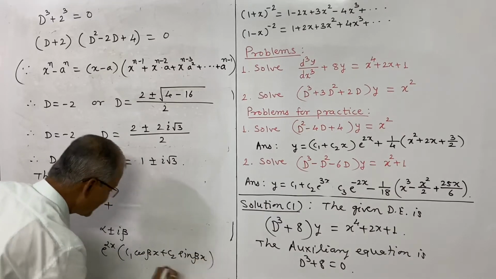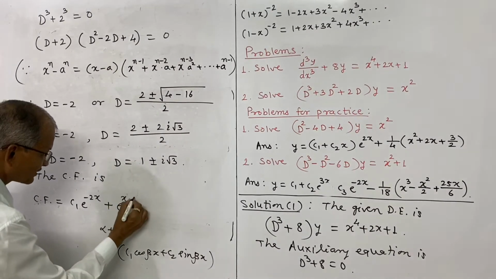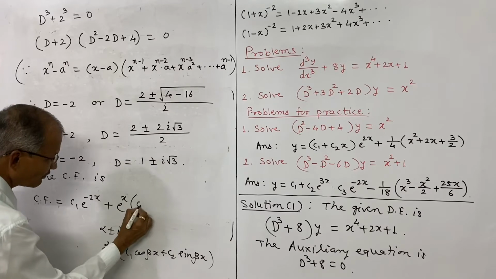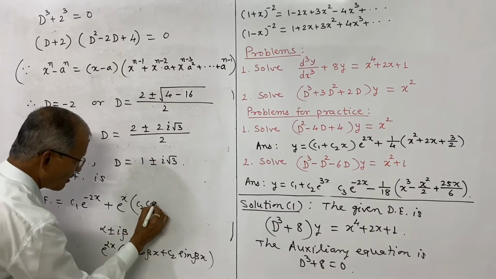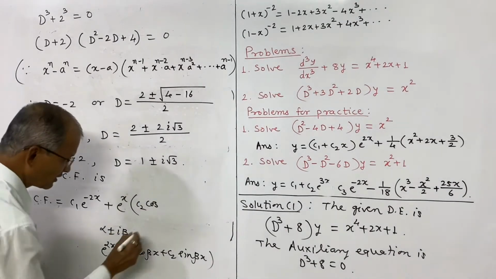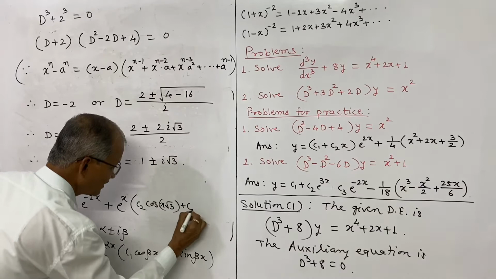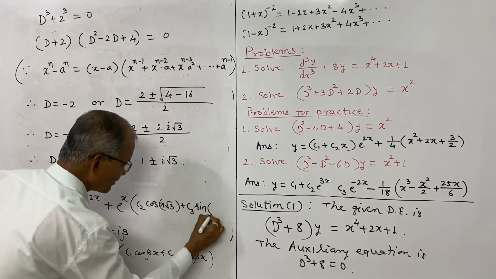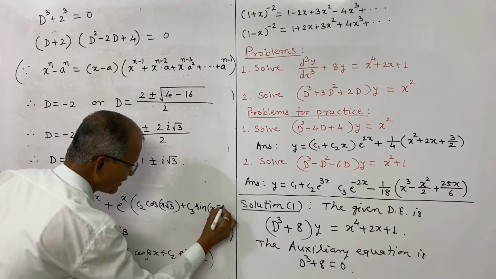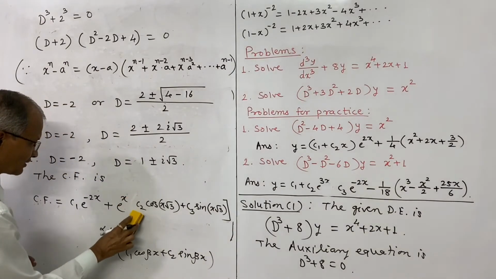Using that, e power alpha is 1, so e power x into bracket, we write C2 cos of beta, which is root 3 x, plus C3 sin x root 3. So this is the complementary function.